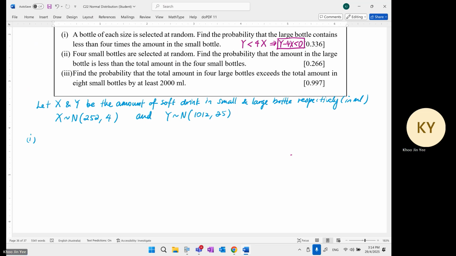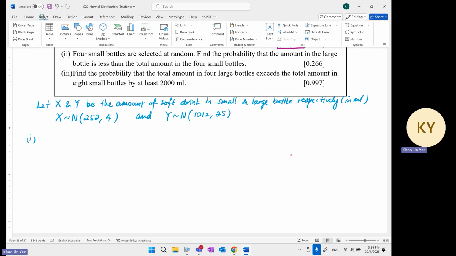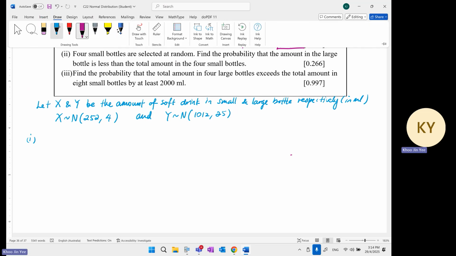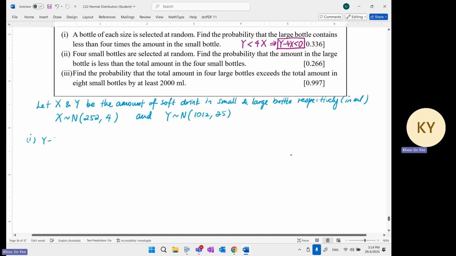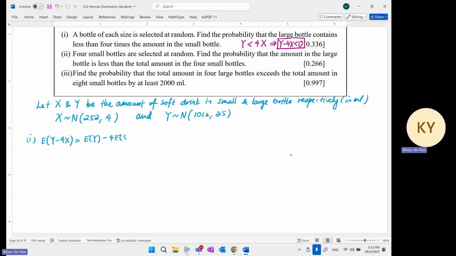Okay, so let's try. We need our y minus 4x. You want to do fast, you want to do slow, up to you. So I will take y minus 4x. If you want to do slow and steady, the expectation of y minus 4x equals the expectation of y minus 4 times the expectation of x.